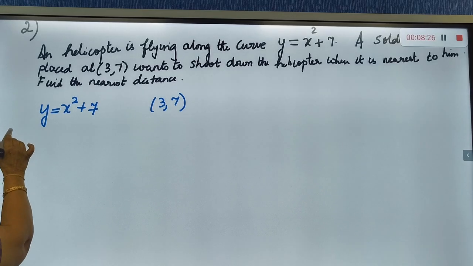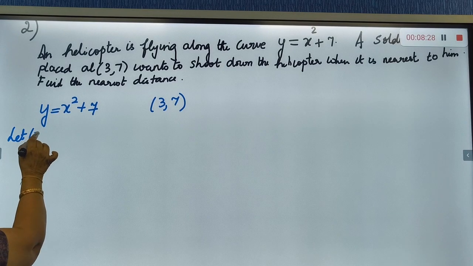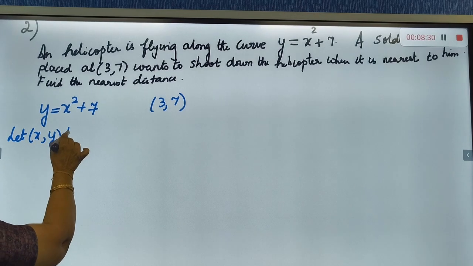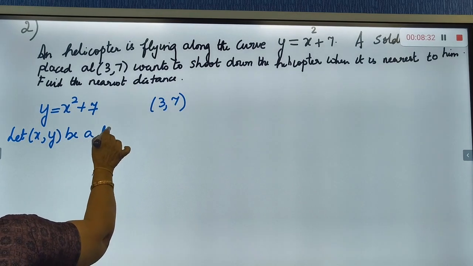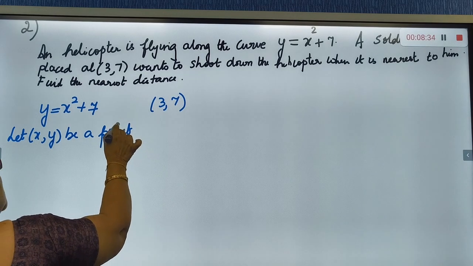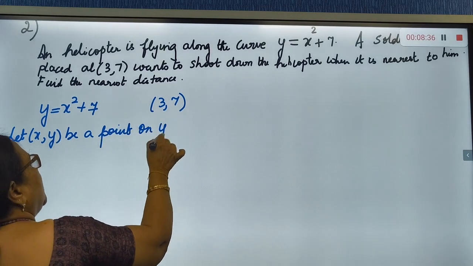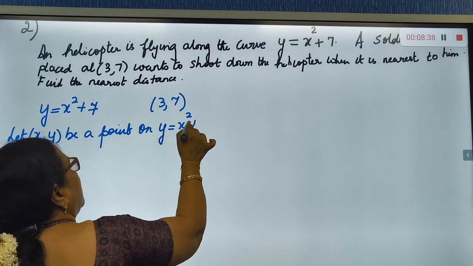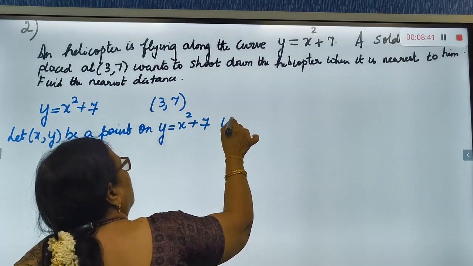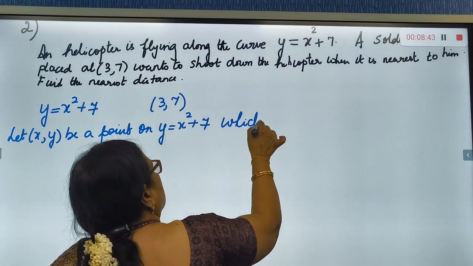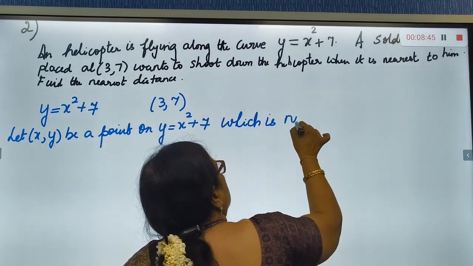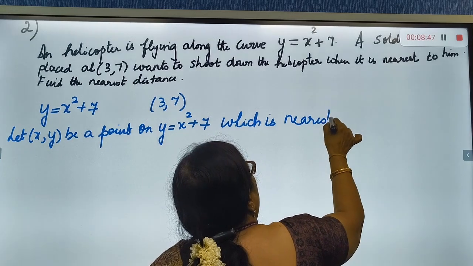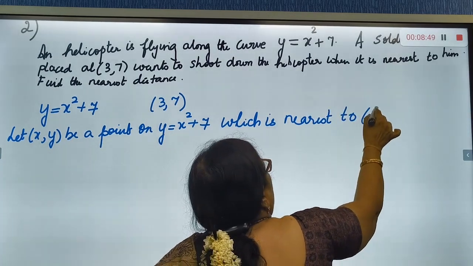Okay. So let x comma y be a point on y equal to x square plus 7, which is nearest or closest to 3 comma 7.